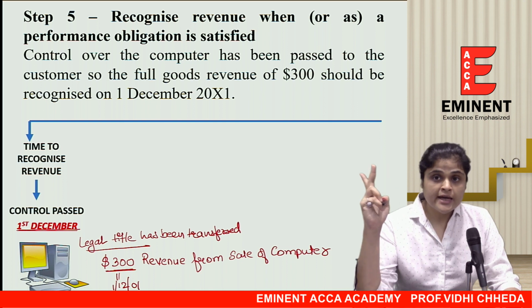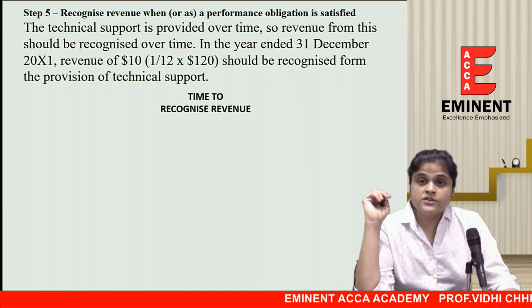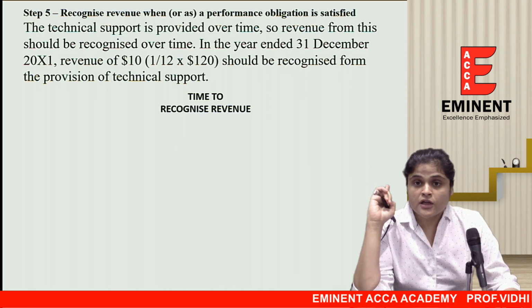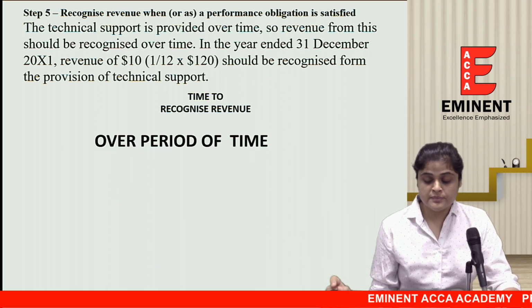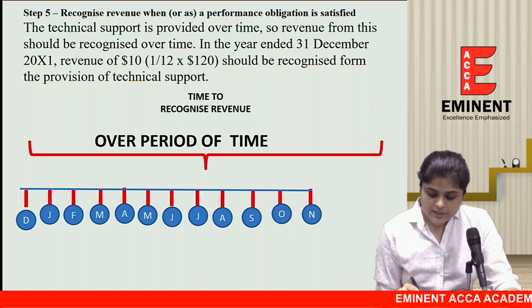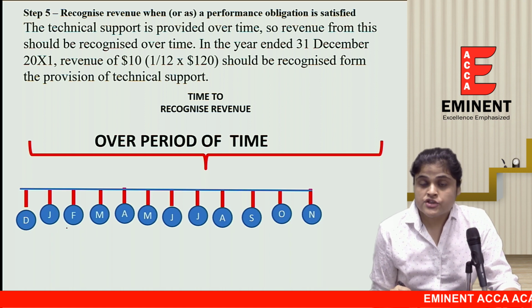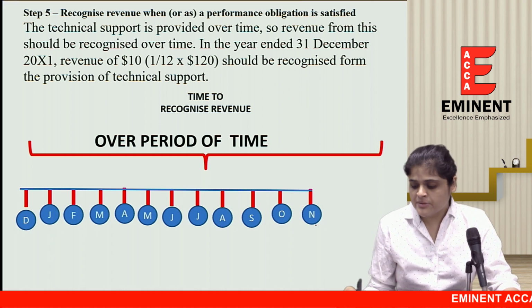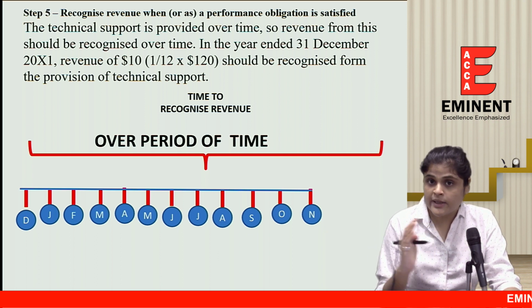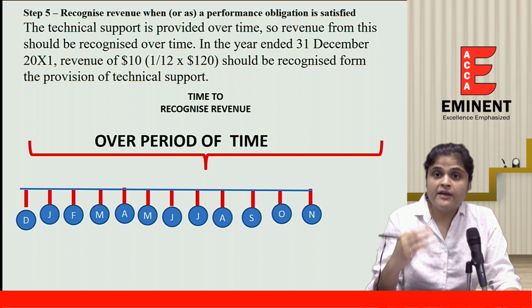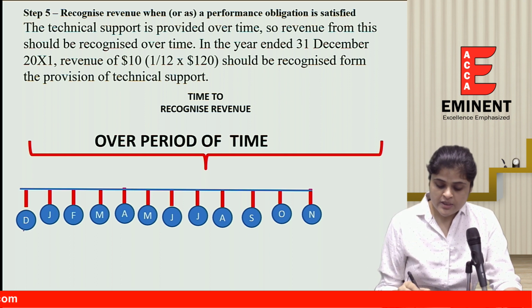All right. The second performance obligation is of the technical support. Now this technical support will be provided over a period of 12 months, starting from December, then January, Feb, March, April till November. So this service will be provided over a period of 12 months. So how do we and when do we record the revenue?